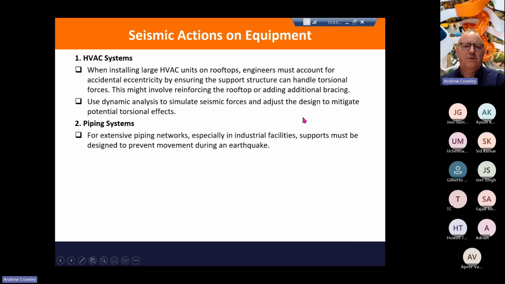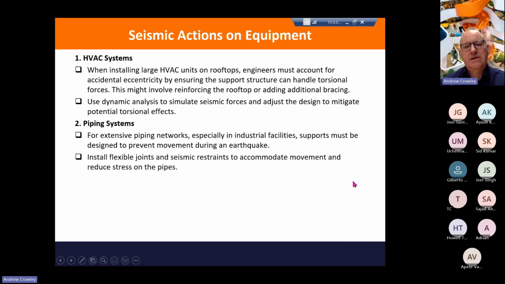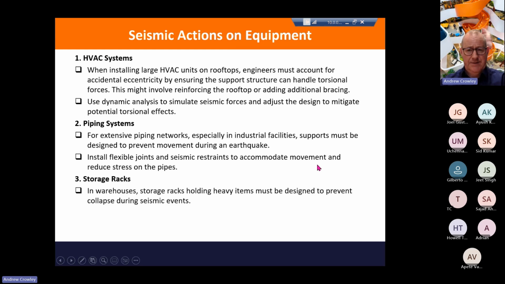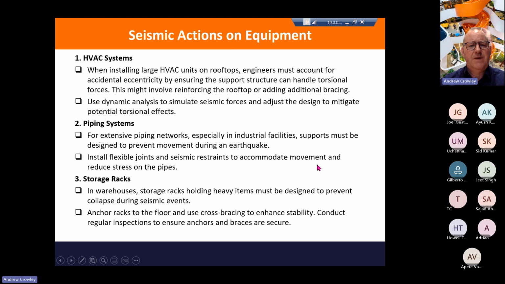Similarly with piping networks, you can have eccentricity due to seismic loads on that. Obviously you can accommodate movement by putting in seismic restraints as well as flexible joints. Storage racks, yeah, they can be eccentrically loaded, and you need to account for that with an additional potential torsion on plan on the legs of those storage racks, and therefore your anchors to the floor need to take that into account.